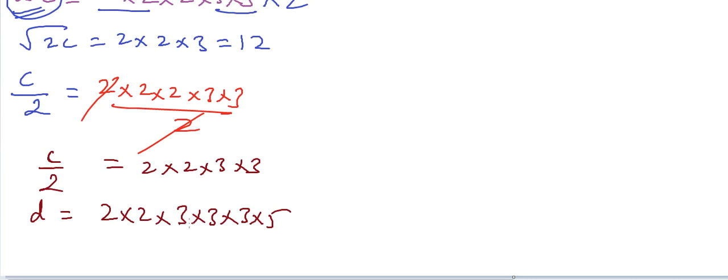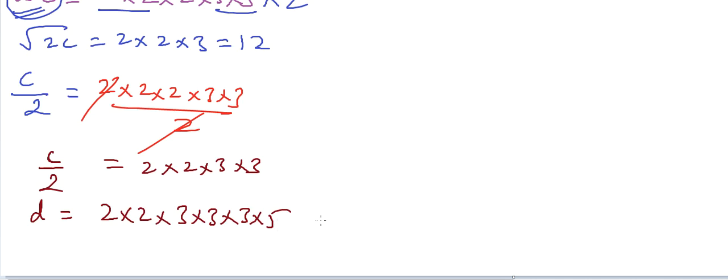So that means d is not a square number. So by what number do you need to multiply d to make it a square number? See, 3 3s are there, we require one more 3 and also one more 5. That means we need to multiply d by 3 into 5, 15, isn't it?